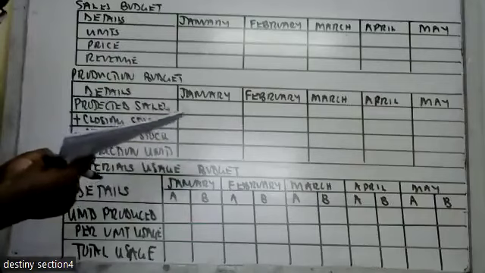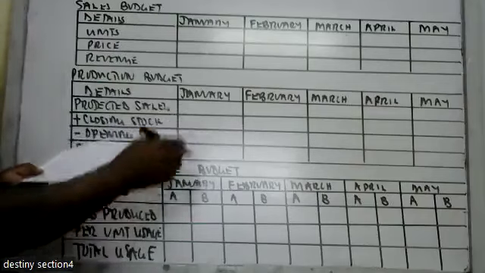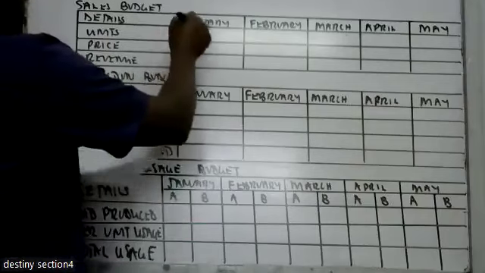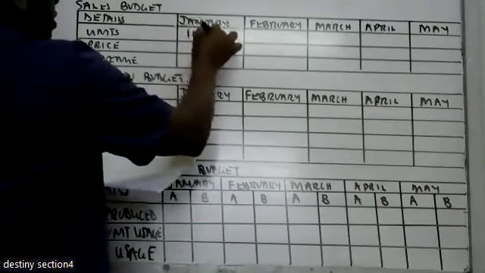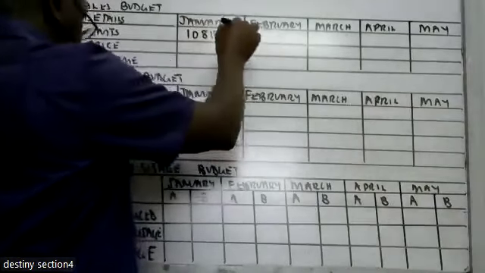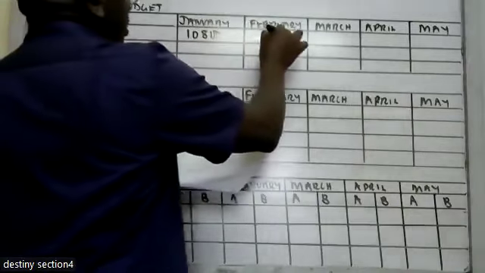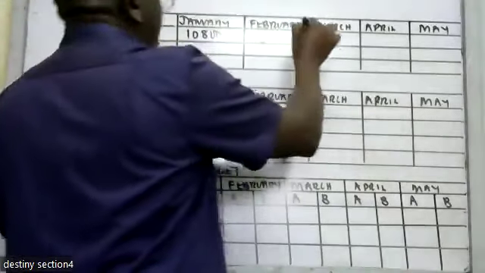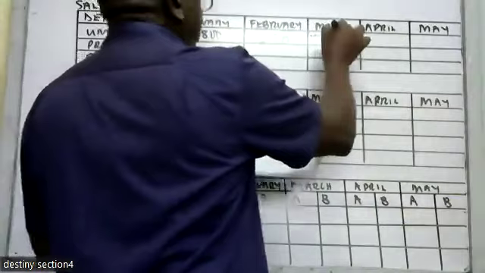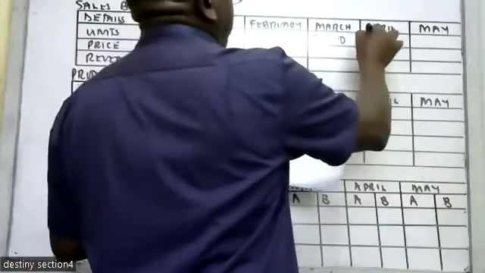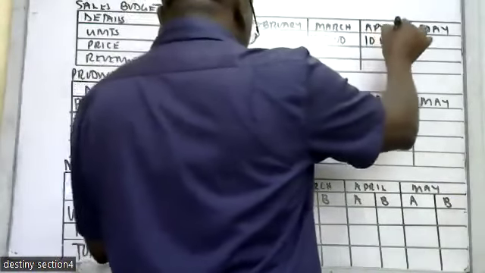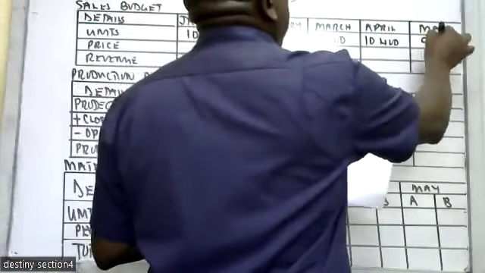Twende kwa sales. In January, the units are 10,800. February, 15,600. March, 12,200. 10,400. 9,800.